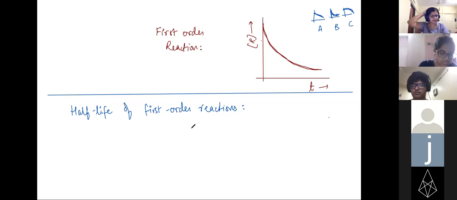So some occurrences, maybe like this, I saw it from your textbook. One is hydrogenation of ethene. So there you usually find first order because it depends on ethene as well as hydrogen gas.